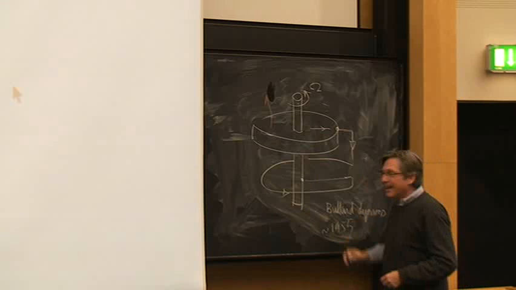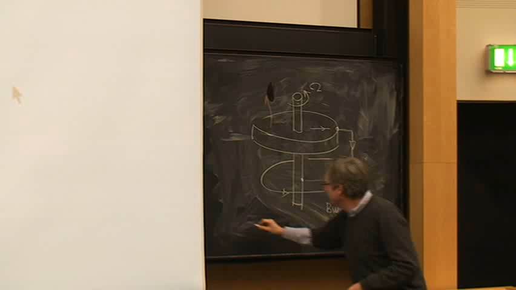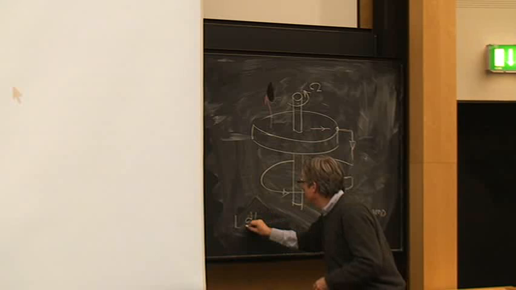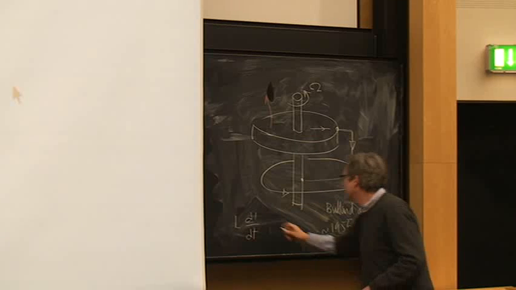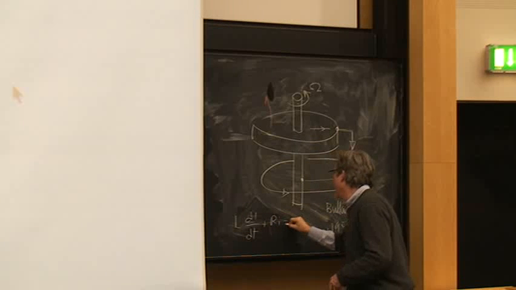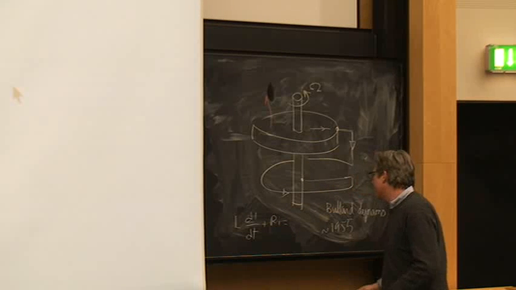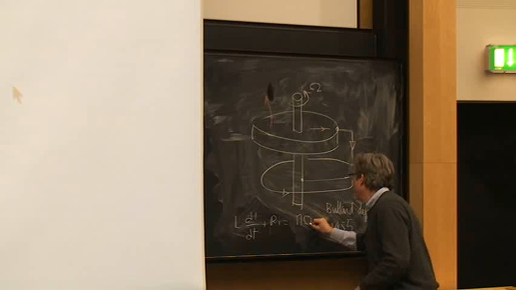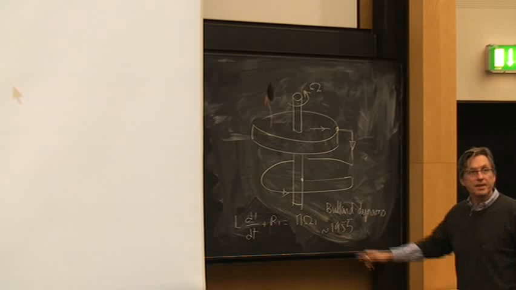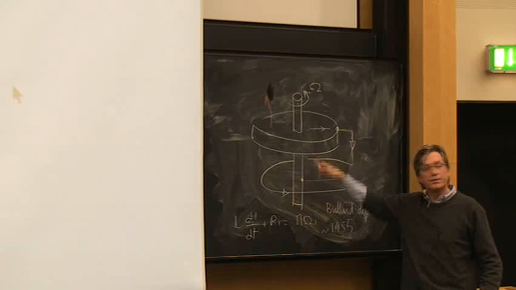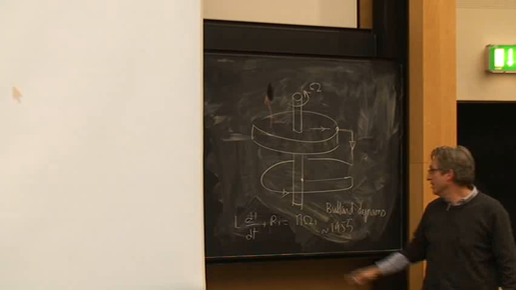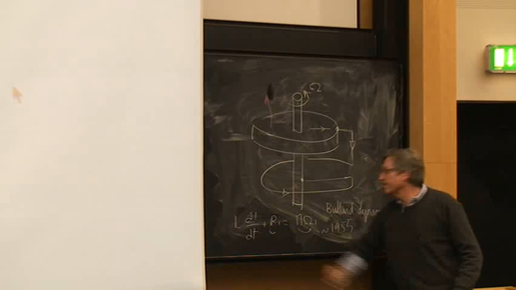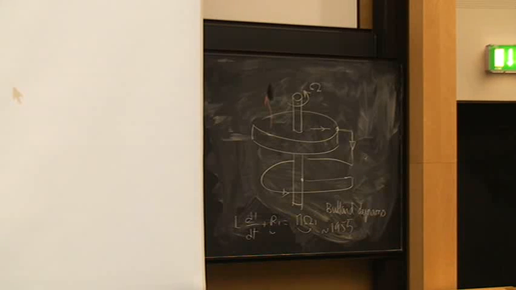From memory? And if you look at it, the equation will be L di/dt plus R i is M omega I, M being the mutual induction between the two, omega the velocity of rotation. So when this is larger than that, you get dynamo action.